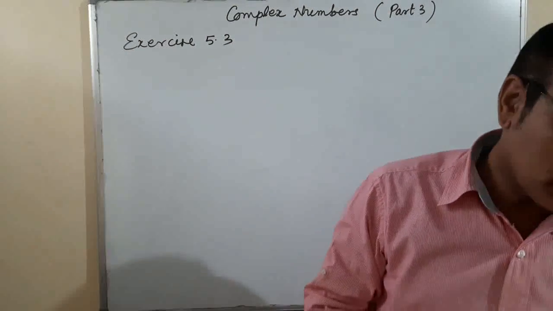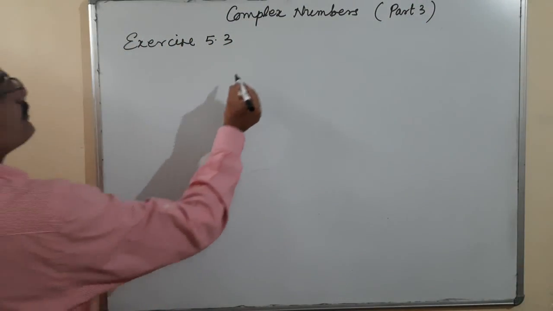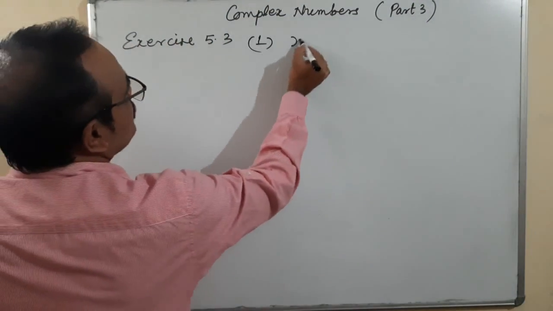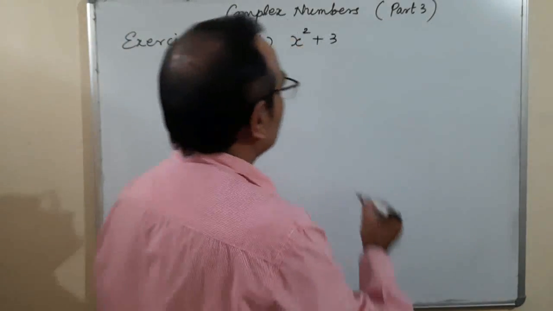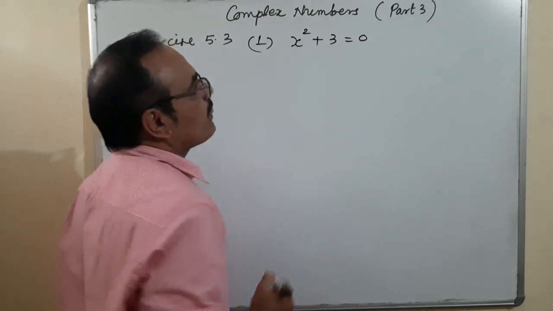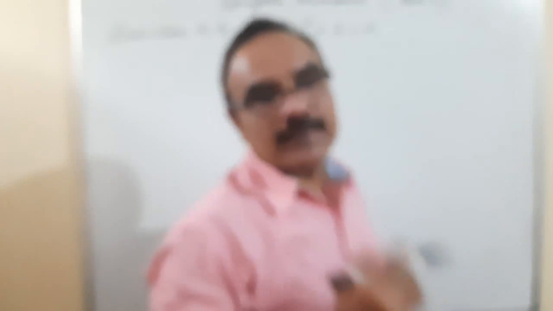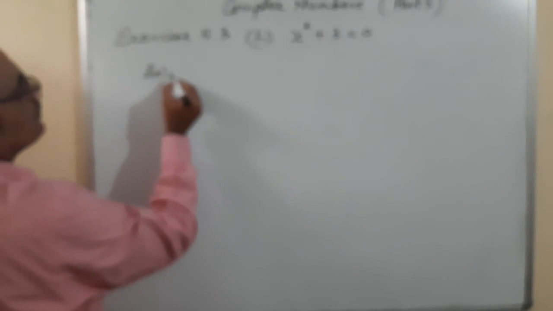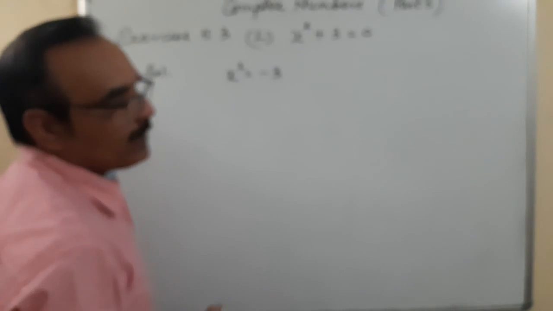x square plus 3 is equal to 0. Solve the following quadratic equation. How to solve it? x square is equal to minus 3.